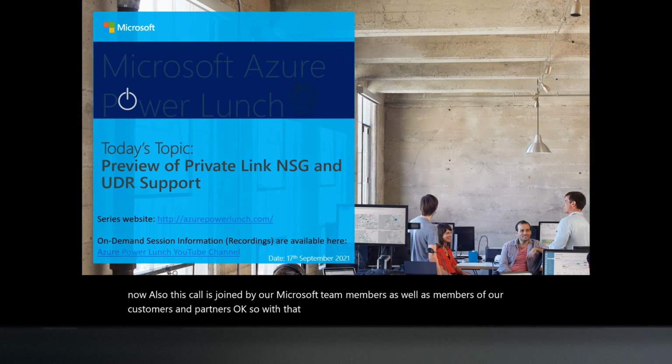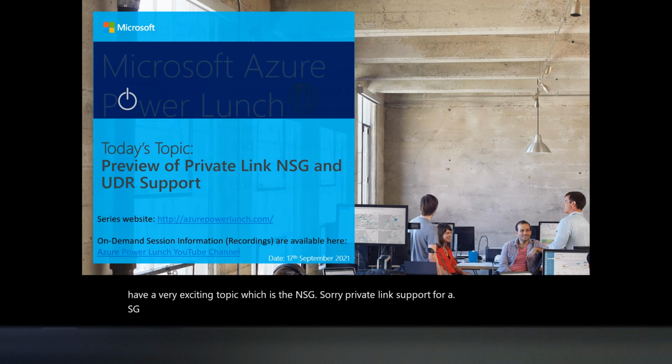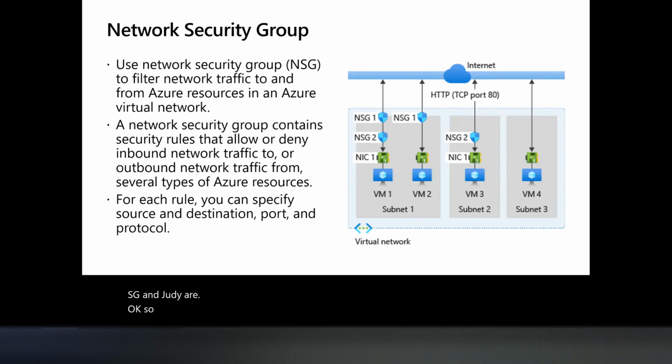Thank you for joining. And today we have a very exciting topic, which is the private link support for NSG and UDR. I'm sure everybody is aware of what private link and private endpoint is.